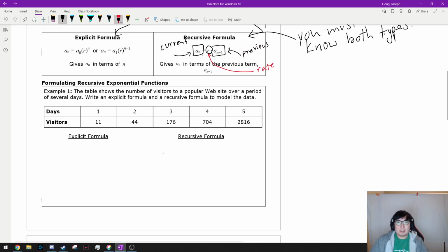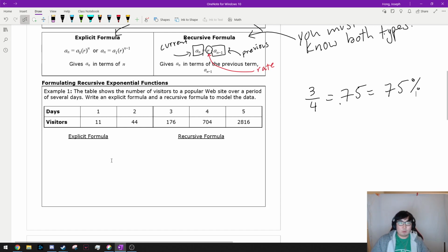Just like how we can say that 3 over 4 is the same as 0.75, or 75%. All three of these things are saying the same thing. So the recursive formula and the explicit formula are going to be saying the same thing, just differently.